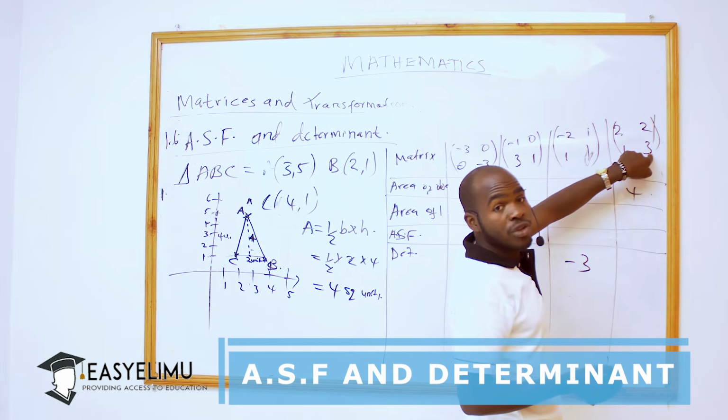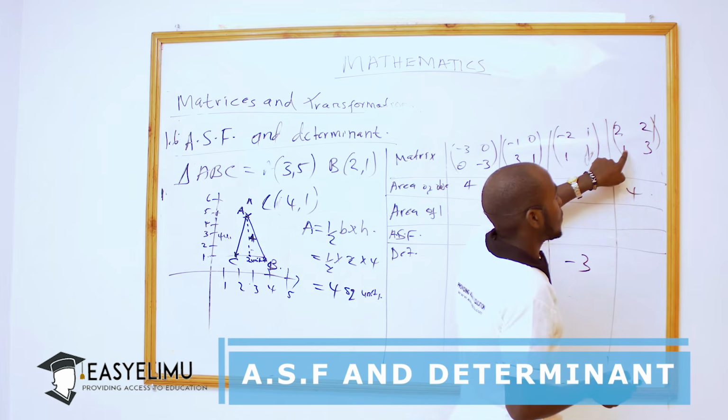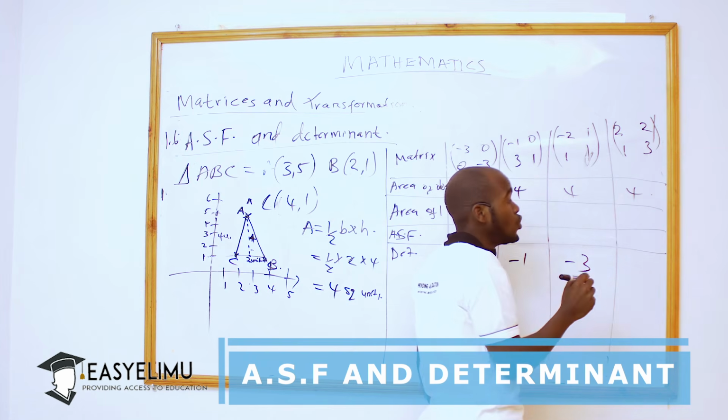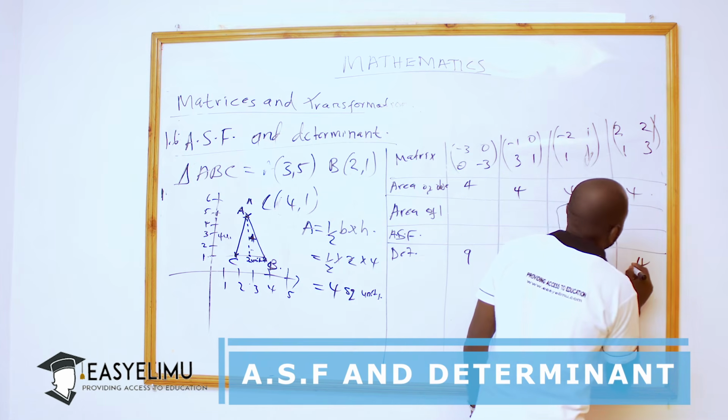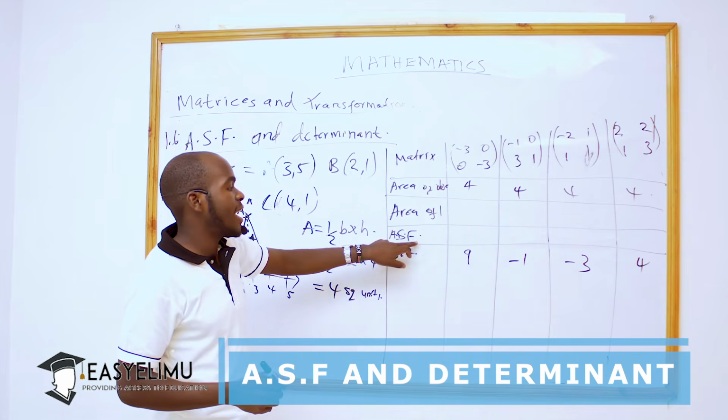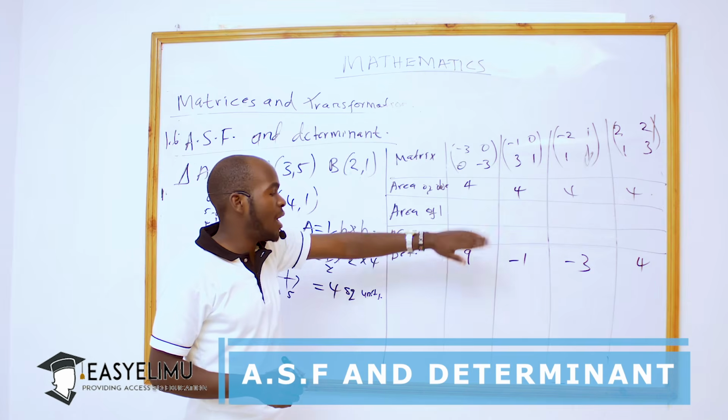Then 2 by 3, you get 6, minus 1 by 2, you get negative 2, that is 6 minus 2, it will give you 4.